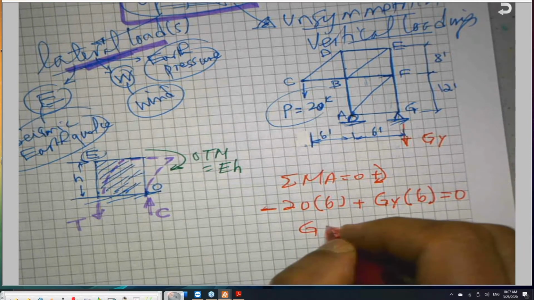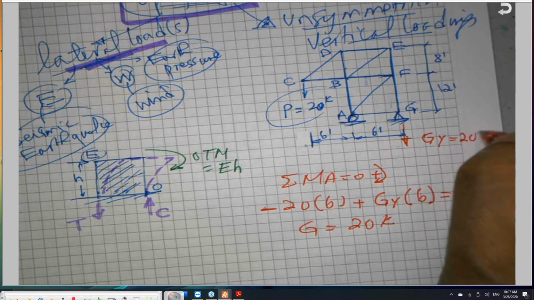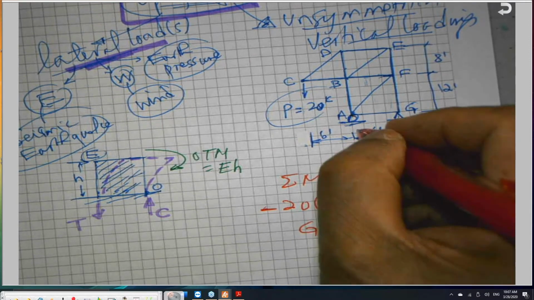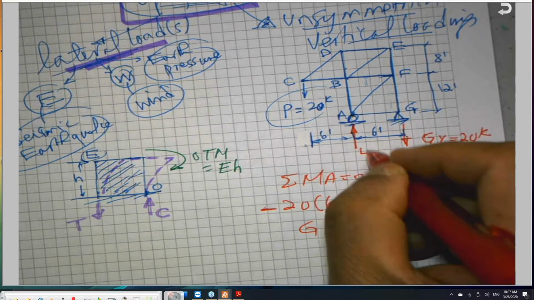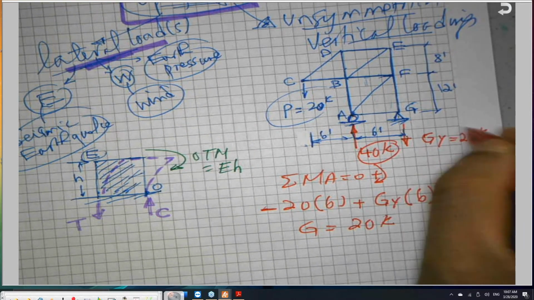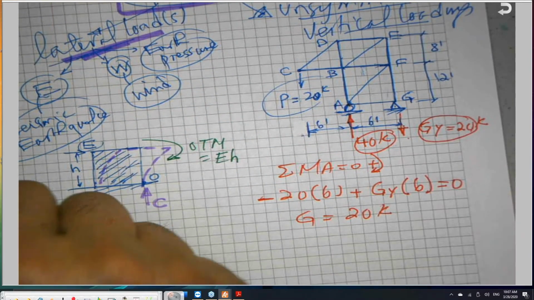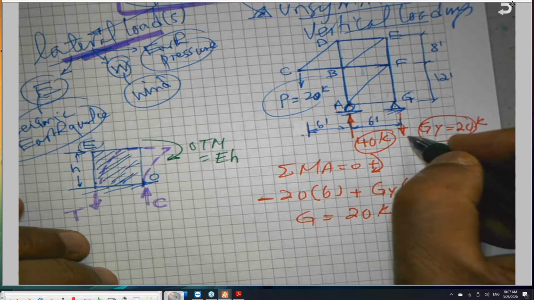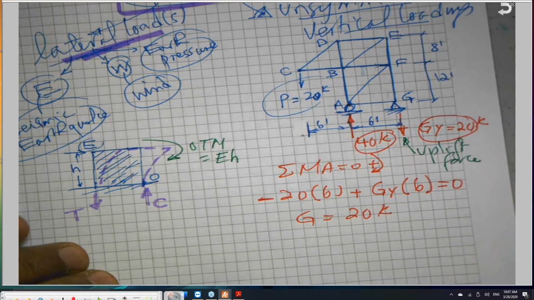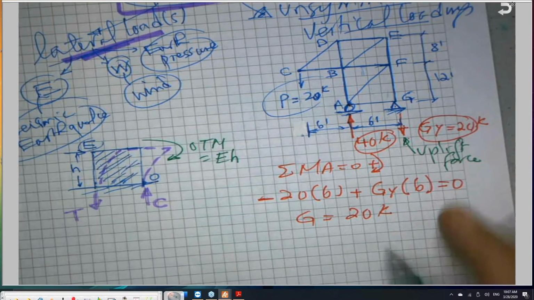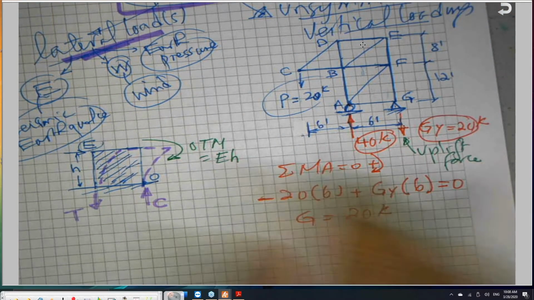This will give me G sub Y equal to 20 kips. And this will make this reaction here upward, 20 plus 20 will give you 40 kips. Those are the reactions for this given truss. This is an uplift force, because this force is pushing down, it tries to take it up, to pull it from its support here.